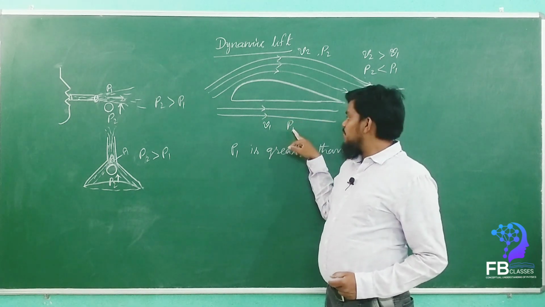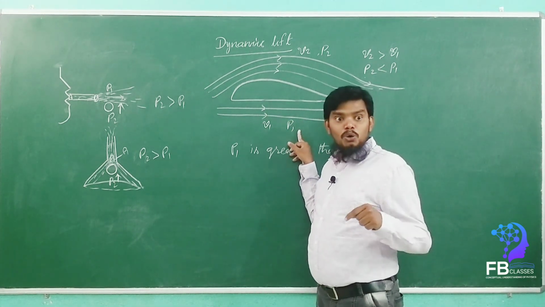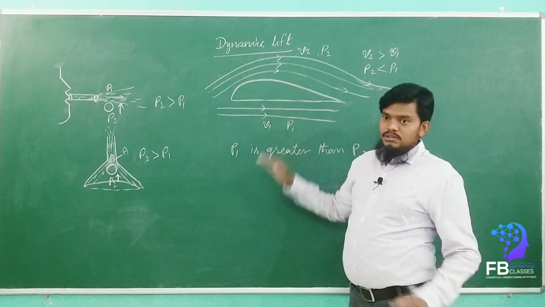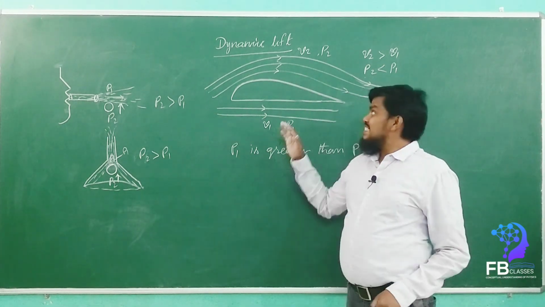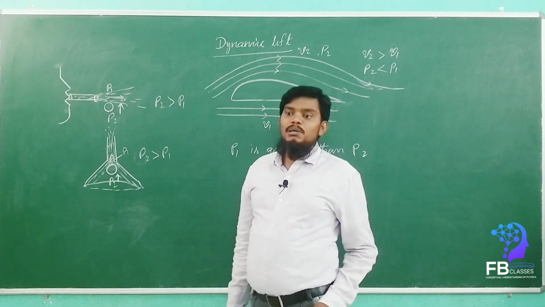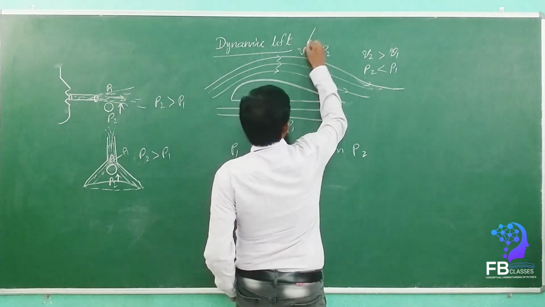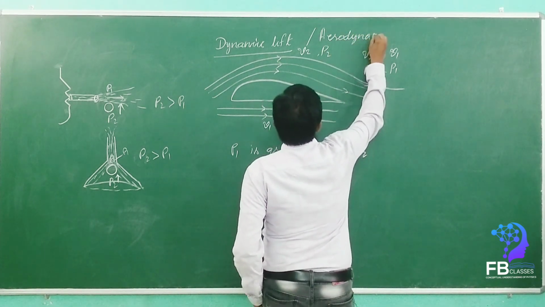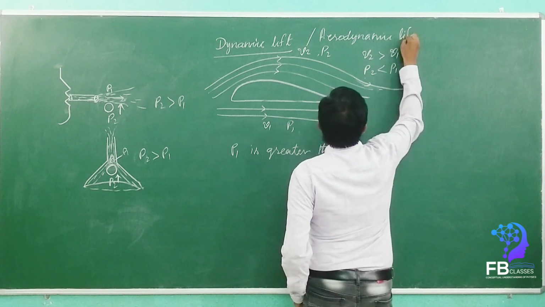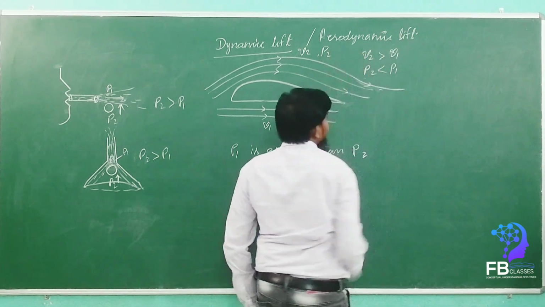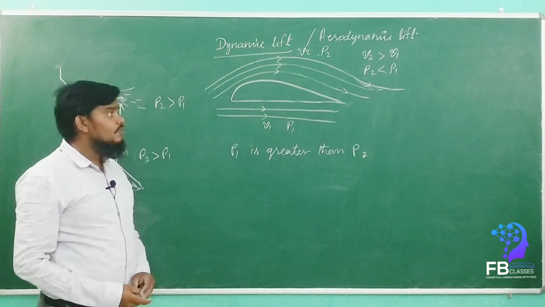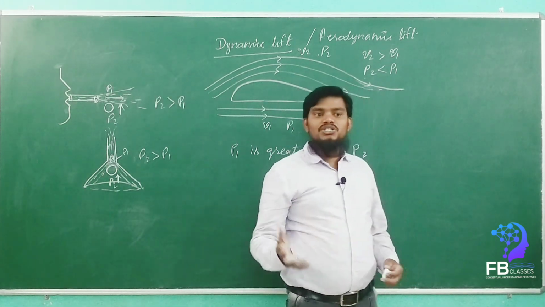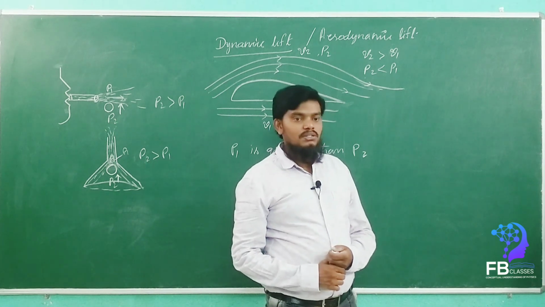So that is why the pressure under the wings is more compared to the upper surface of the wing. So that's why the lift goes up. This dynamic lift is also called an aerodynamic lift. Got it? Understand? So in the same manner, the atomizer is also an application of Bernoulli's theorem.